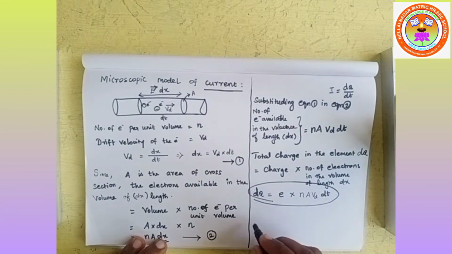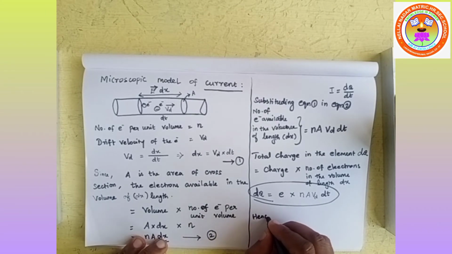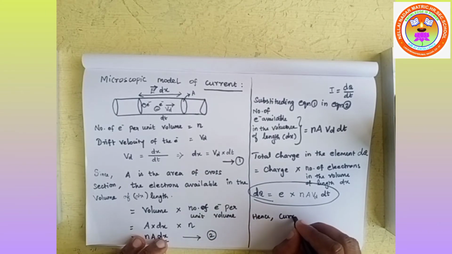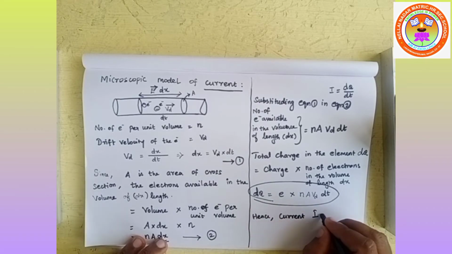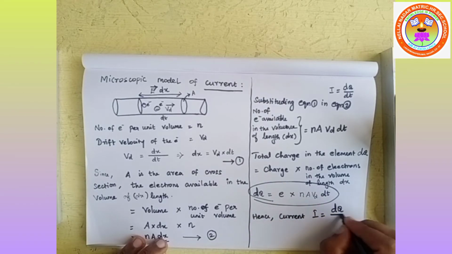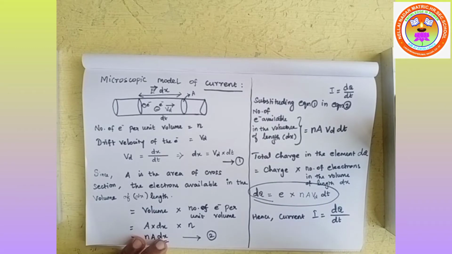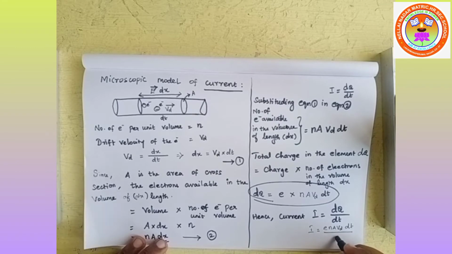Okay, so we can calculate the current. Hence, current I is equal to dq divided by dt. What is the value of dq? That is n E A vd dt divided by dt.